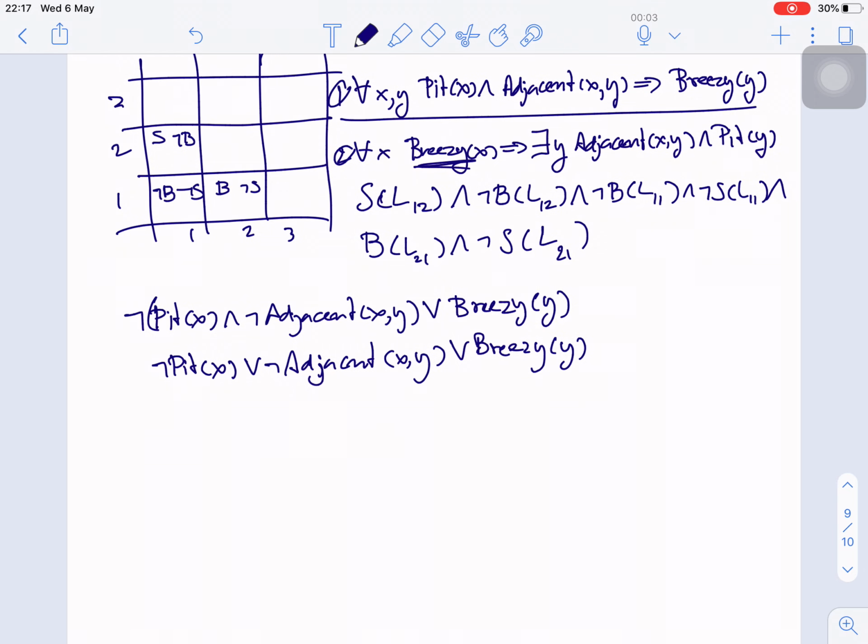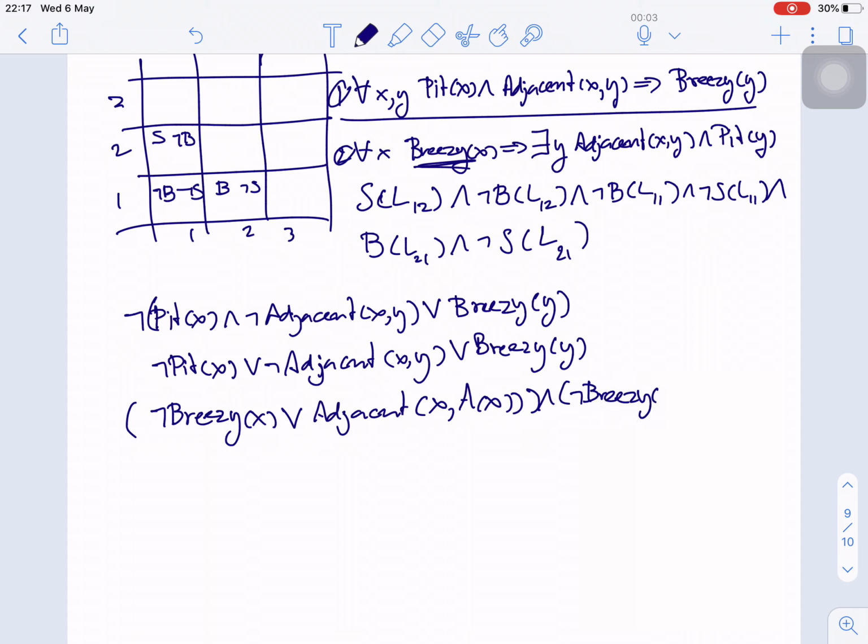For the second one, it will be not breezy x or adjacent x and a(x), and not breezy x or pit a(x).